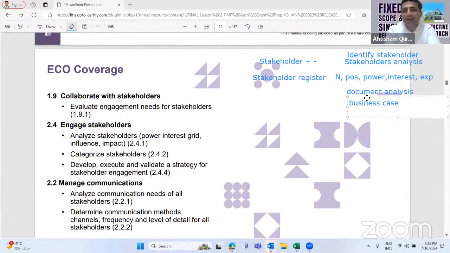Then another document that I may consider is the benefits management plan. Benefits management plan is another document I can also consider while I need to analyze or identify my stakeholders.